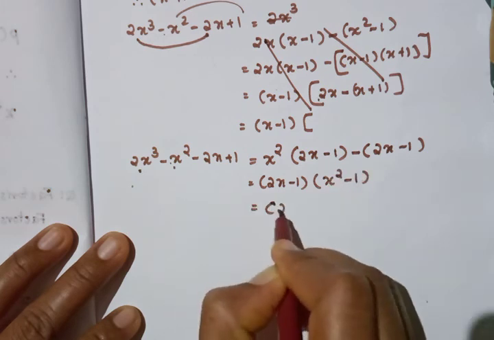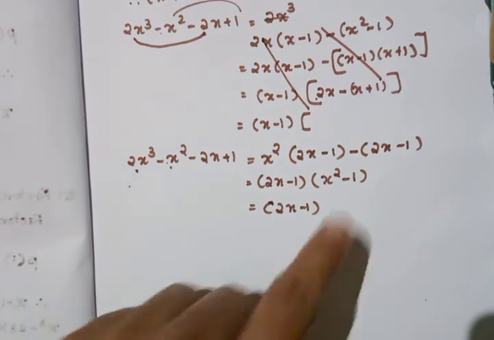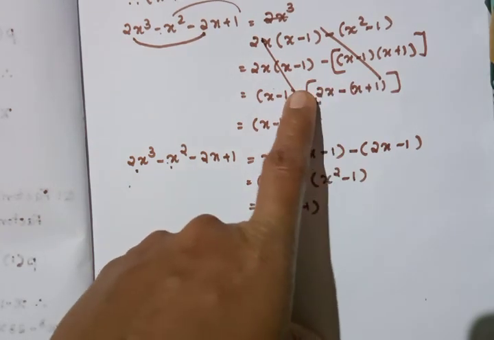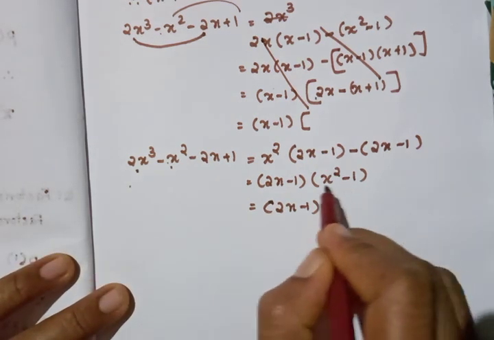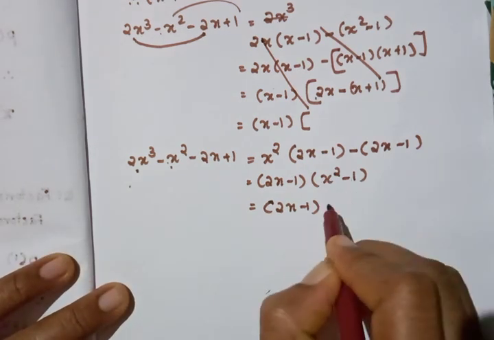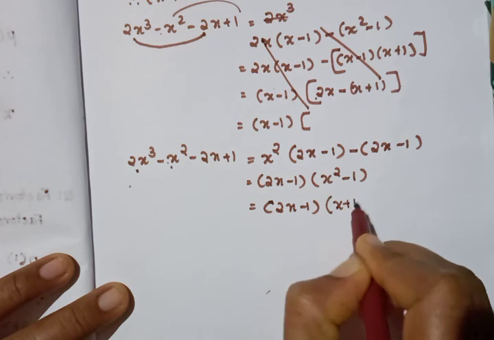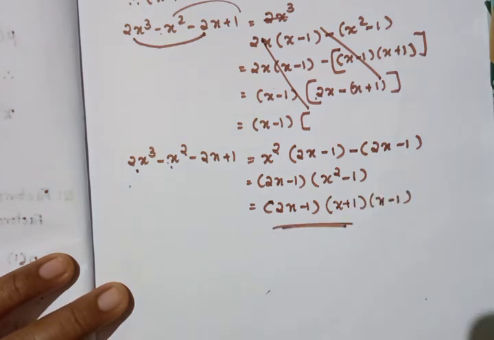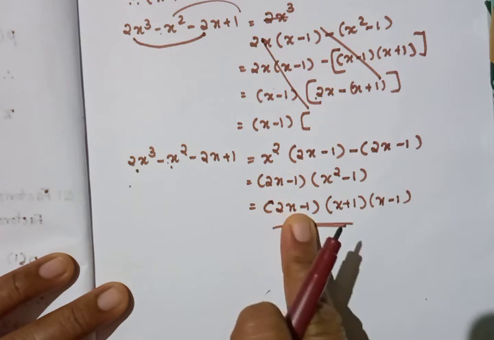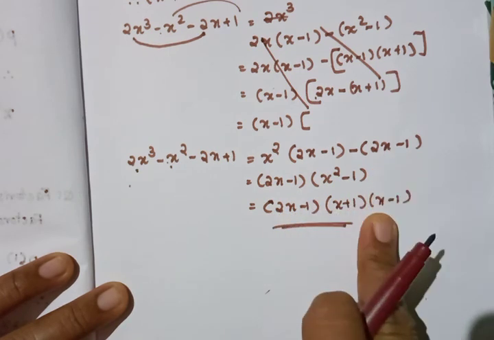See, 2x minus 1. See, I told you in the previous step, you will reach there, but anyway, listen here. What is this? A square minus b square. A plus b into a minus b. Have you got the factors? Yes. 2x minus 1, x plus 1 and x minus 1.